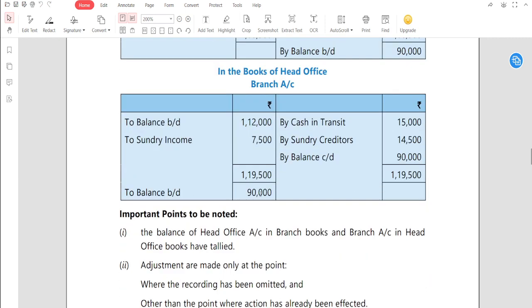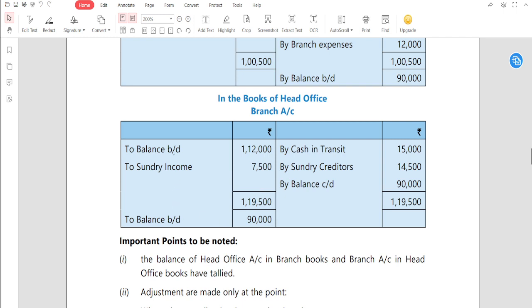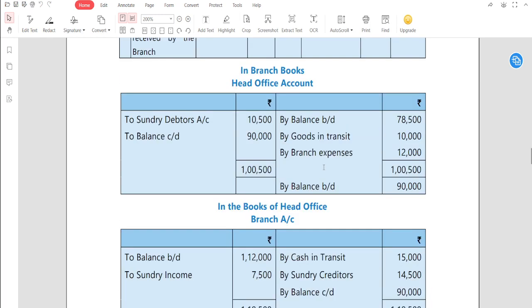In the books of the HO, if you see the branch account, definitely the debit balance will be 1,12,000. And after making all the adjustments that we have done in the journals, 90,000 is yet to come. HO is going to receive 90,000 from the branch. So both the accounts are matching. It means we have done very well.